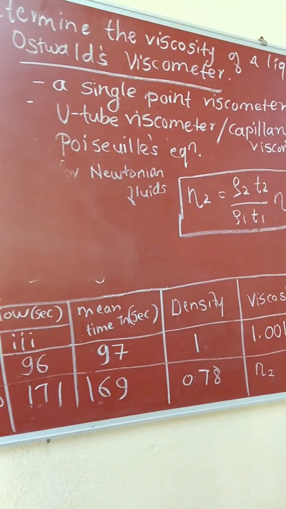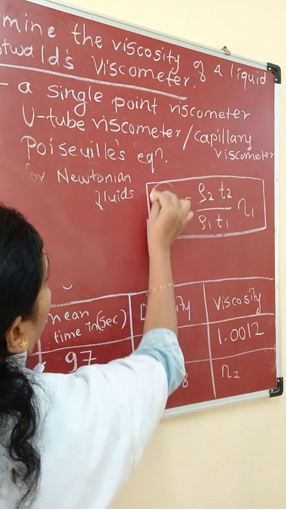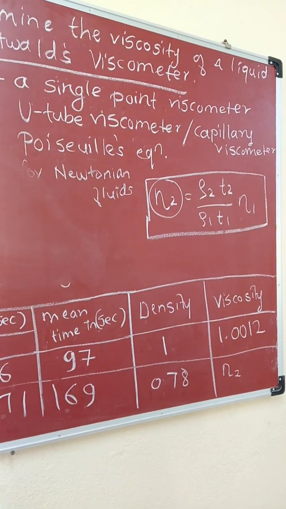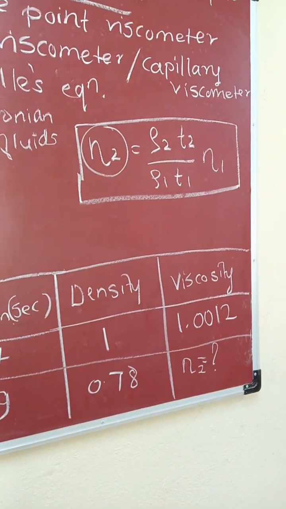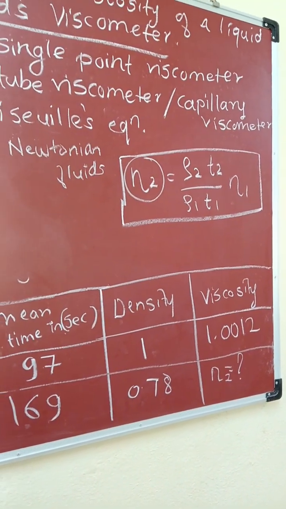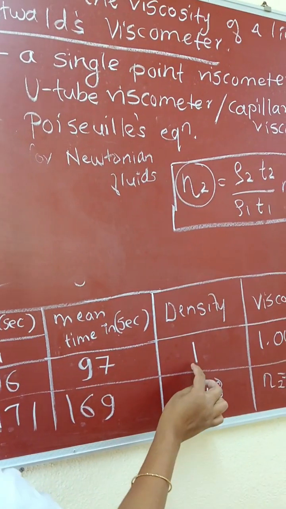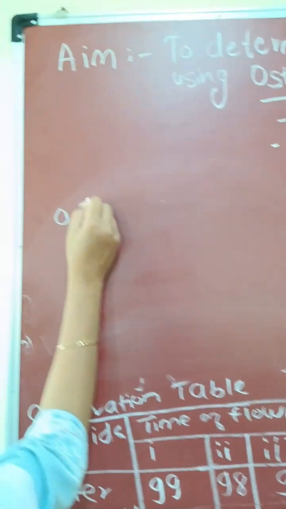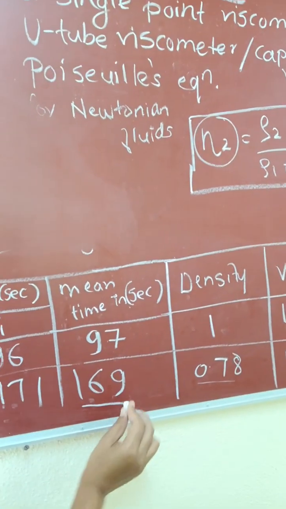Before that, eta 2 is the viscosity of the test liquid which we have to find out. We don't know the viscosity of the test liquid, but we know the density of the test liquid. It is 0.78. We know the time taken to flow.